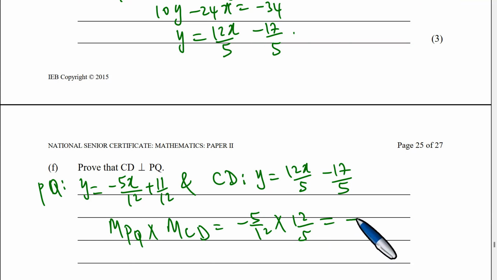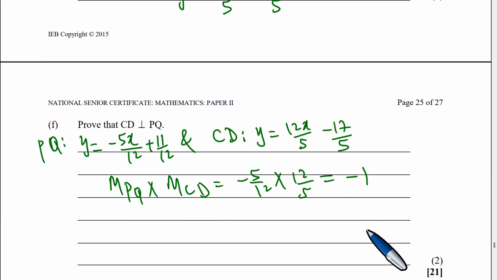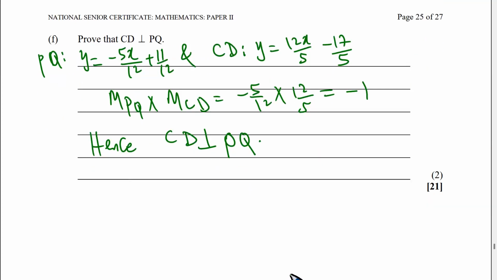And therefore, the result is minus 1, because the product of the gradients is minus 1. Hence, we infer that CD is perpendicular to PQ. CD is perpendicular to PQ. Like that.